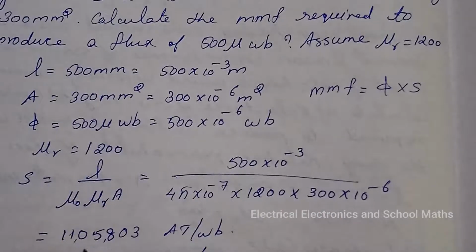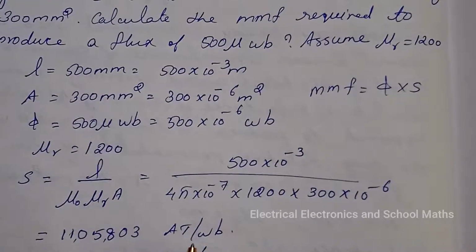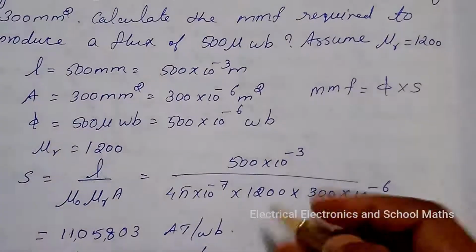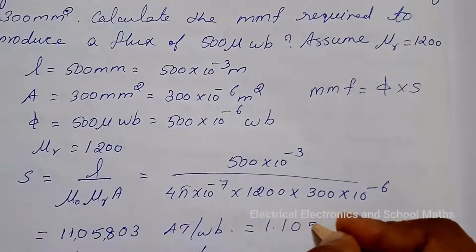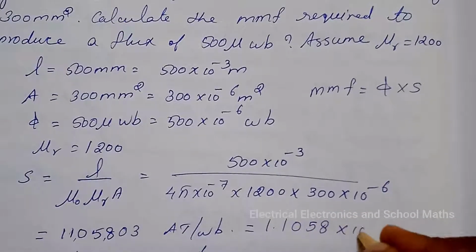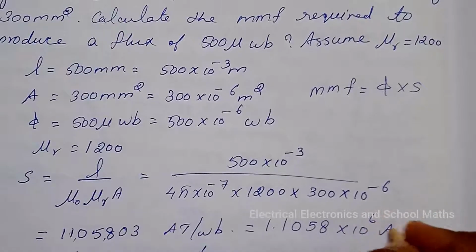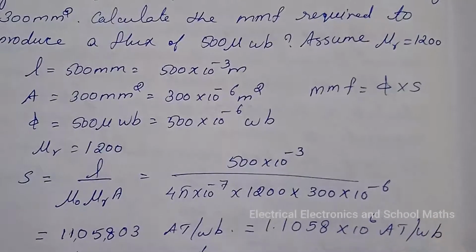After solving this we get 11,05,803 ampere turns per Weber, or we can write 1.1058 into 10 raised to 6 ampere turns per Weber.